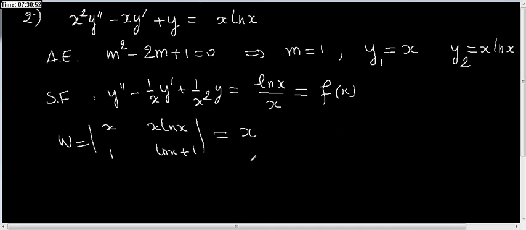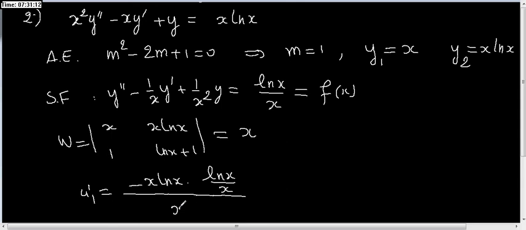Now, u prime 1 is minus y2, so minus x ln x times fx, which is ln x over x, divided by the Wronskian, which is x, which will be negative ln square x over x.